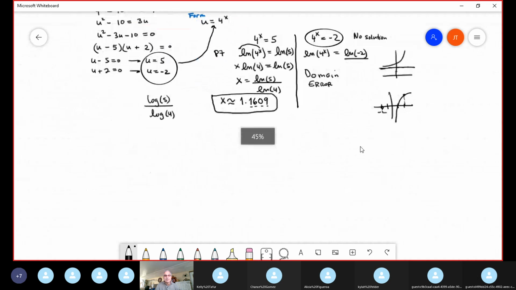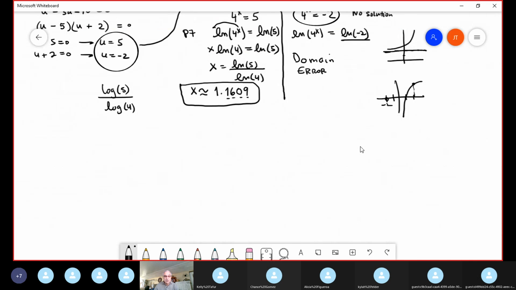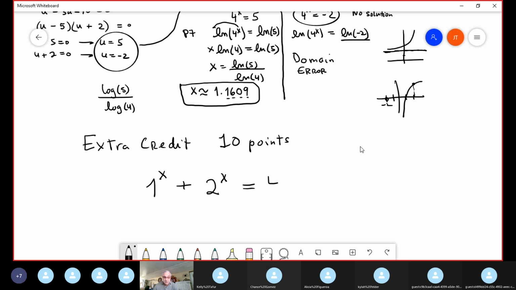Okay, extra credit now. Extra credit, you turn it in to me with the test. The test day. Okay, suppose it is December 10. The test for us is due December 10. This is my plan. I will confirm in detail at your moment. Extra credit represents 10 extra points. You solve this equation: 1 to the x plus 2 to the x equals 4 to the x.